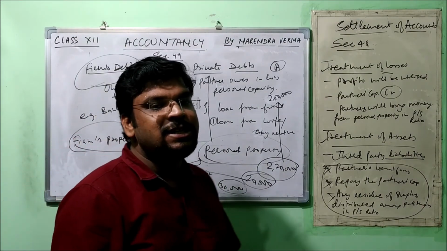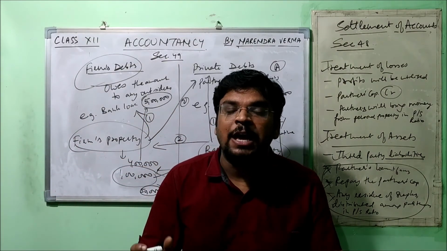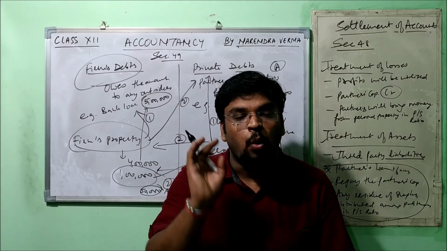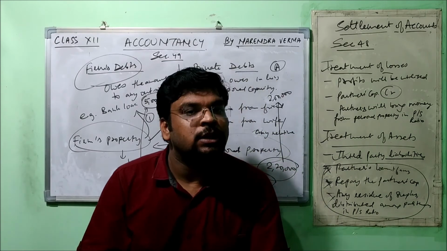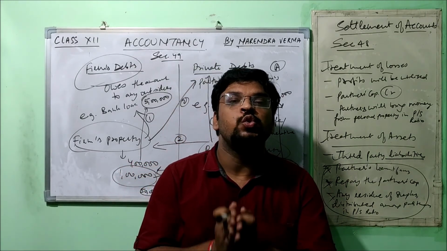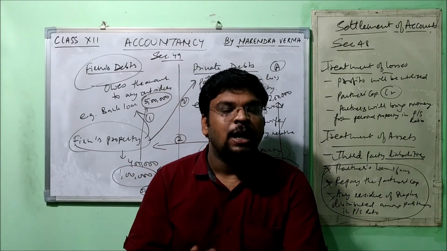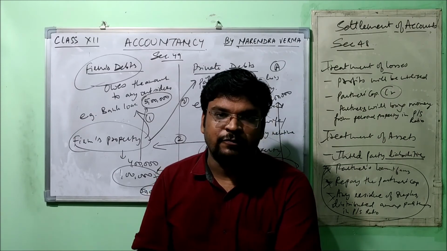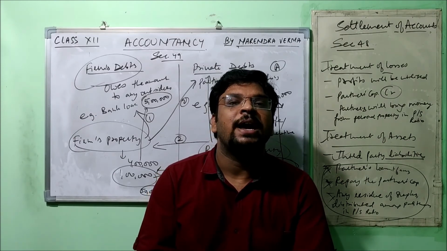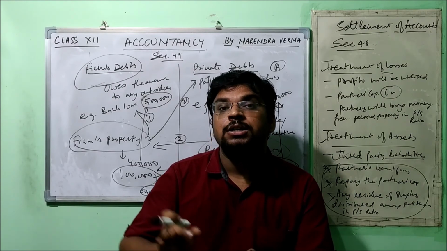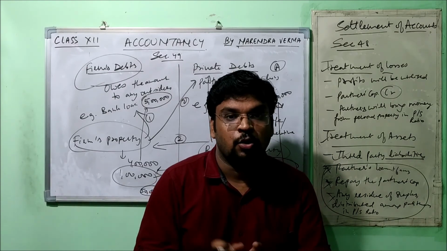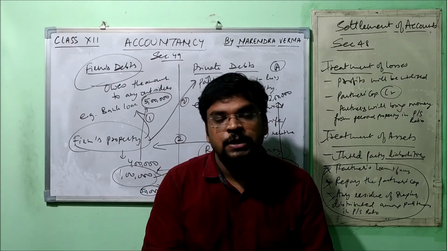Because when there is insufficiency of funds, we have to follow some rules. So what are the rules? I very clearly mentioned, firm's property will first be utilized to pay the firm's debt. If any residue is left, then it will be utilized to pay the private debts up to the share of that particular partner, not more than that. Understood?